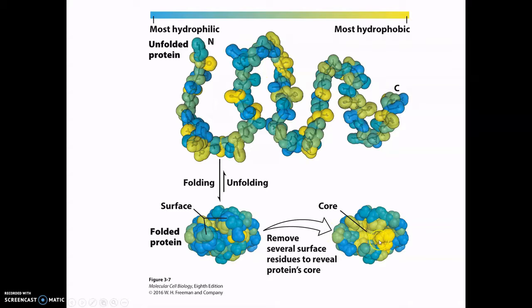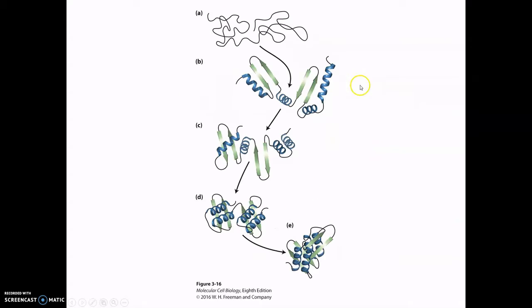So when you take this drive of hiding the hydrophobics, combine it with the limited flexibility of the backbone, allowing it only to occur in particular conformations, and the fact that secondary structures may have formed along this path, you end up getting a three-dimensional structure.